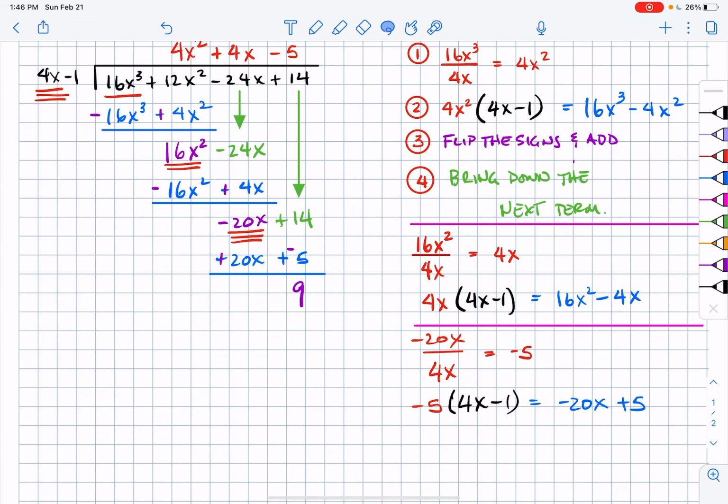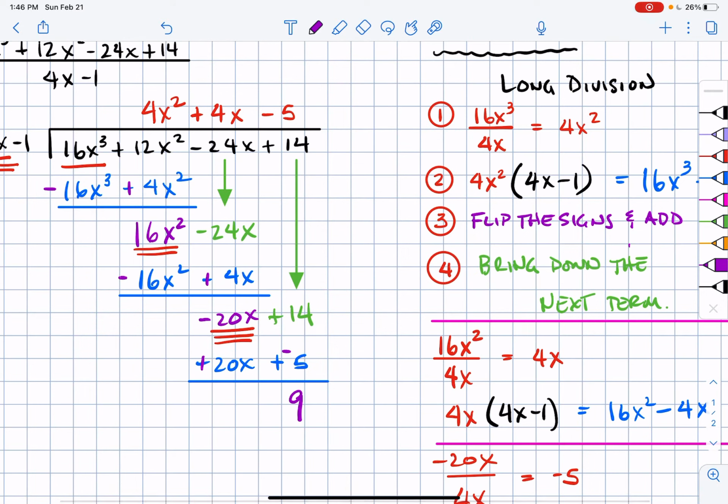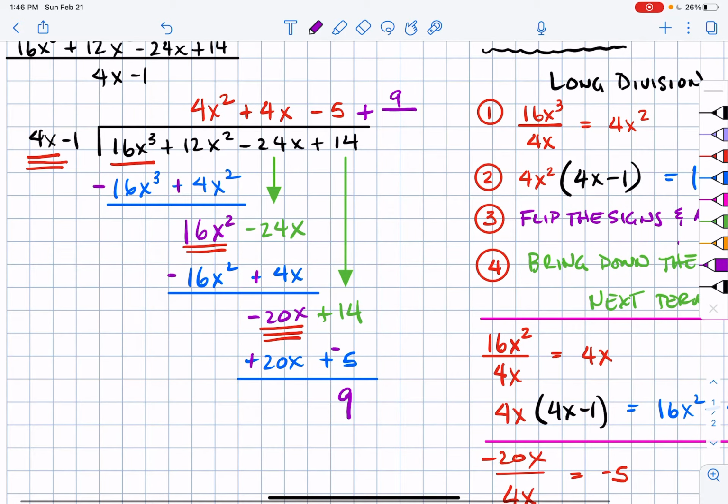All right, so what do I have left? Because I got nothing else to bring down, I have a remainder of 9. It's positive 9, so it's going to be plus 9 over the 4x minus 1. That would be my answer.